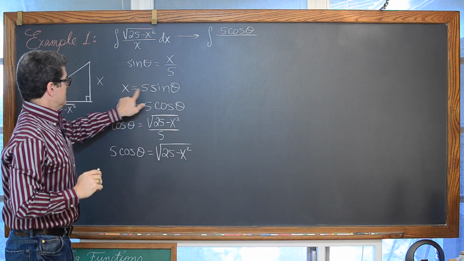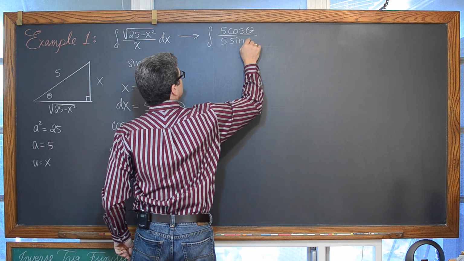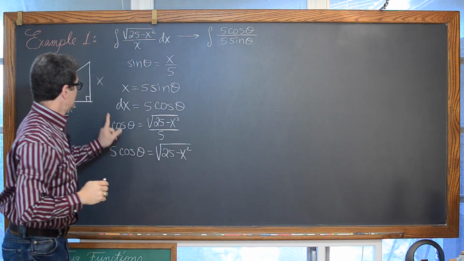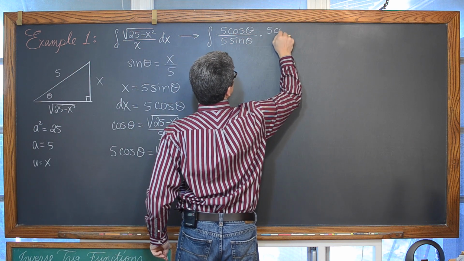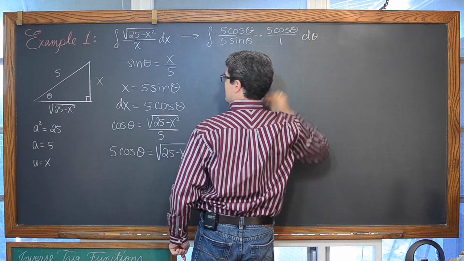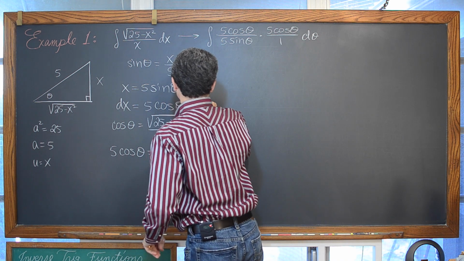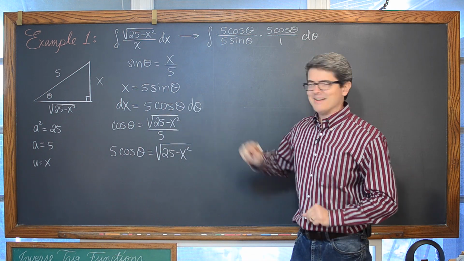Our x is 5 sine of theta. Our dx is 5 cosine of theta over 1 d theta. And I forgot the d theta when I wrote my dx line. Don't forget that.